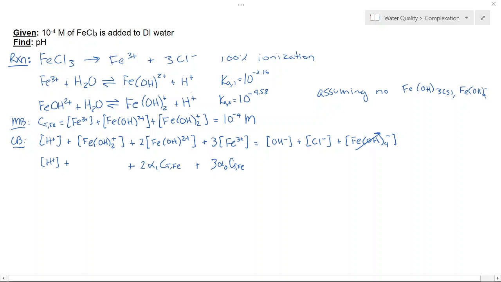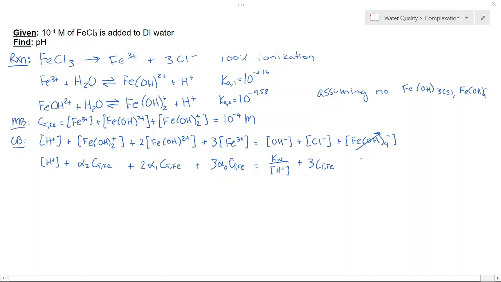And then finally, this one is going to be alpha 2 times CTFE. Over here, I'll make a substitution KW over H plus. The chloride actually is going to be equal to 3 times the CT value because for every ferric that's released, the original compound will release 3 chlorides.